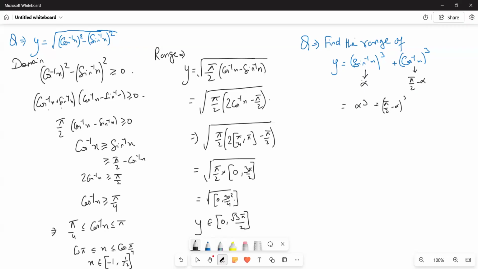And अब इसको solve करने के लिए we apply the formula of a cube plus b cube. So what is a cube plus b cube? A plus b into a square plus b square minus ab.